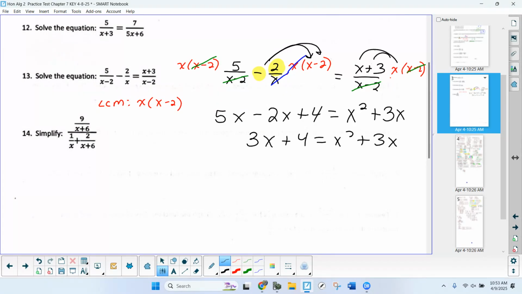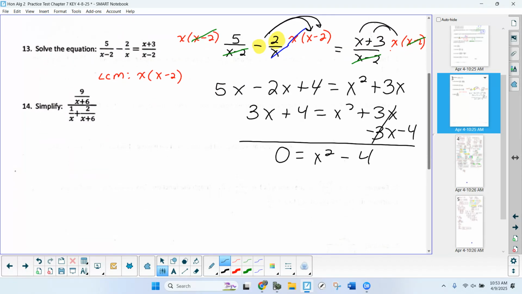Okay, so I am going to subtract 3x and subtract 4. When I do, I get 0 equals x squared minus 4. Is that a difference of squares? So it factors into x plus 2, x minus 2. So what are my answers?